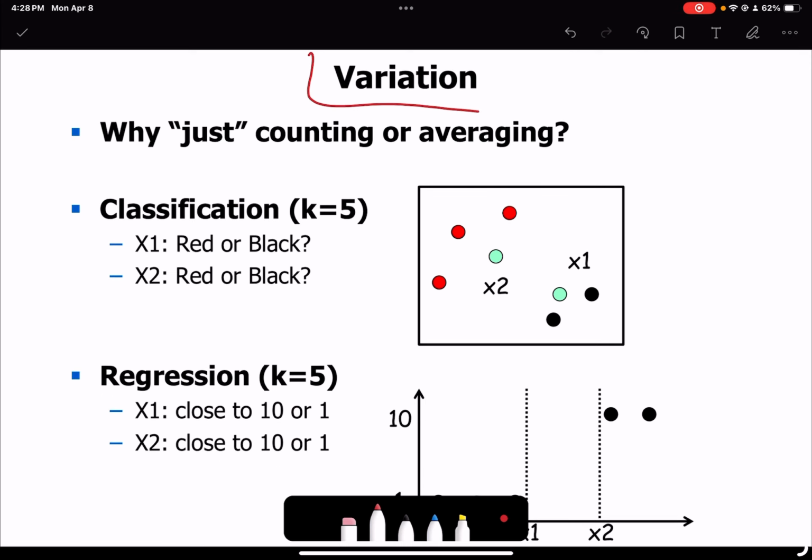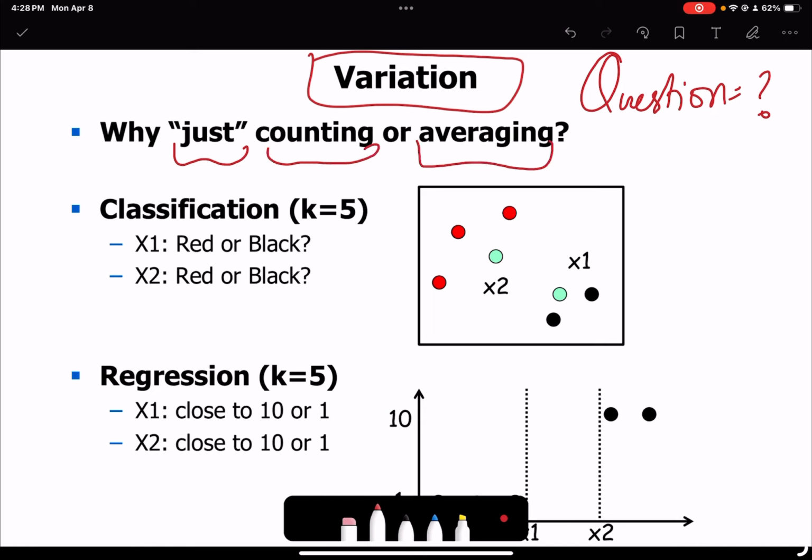So now comes the question: why are we just counting for classification and averaging for a regression type problem? How about these two scenarios? If we are choosing k as 5 for these black and red data points, what about this x1?